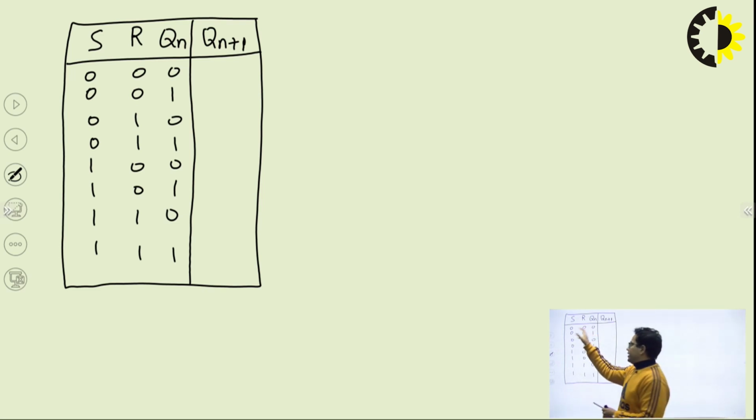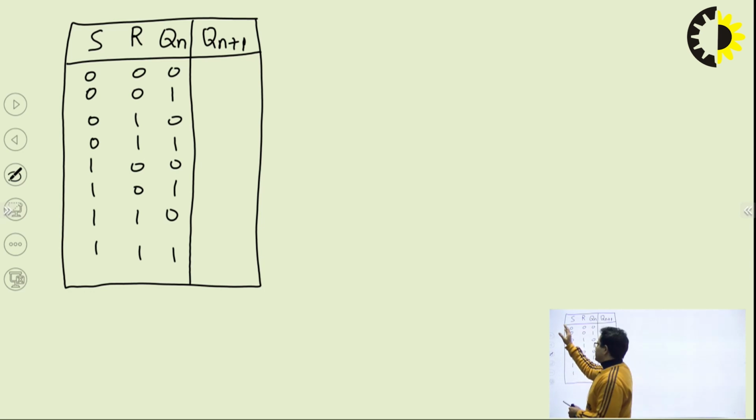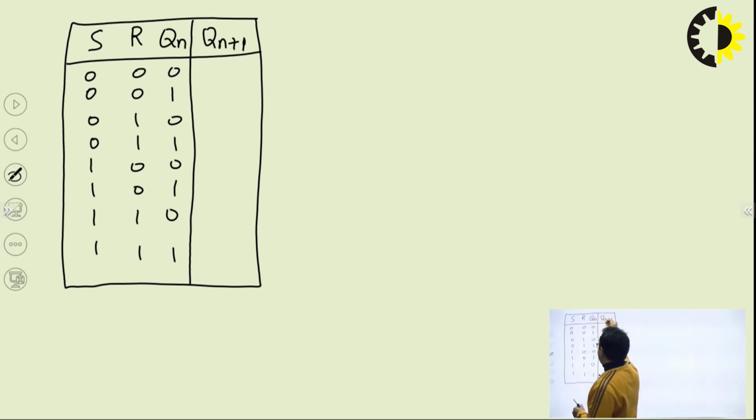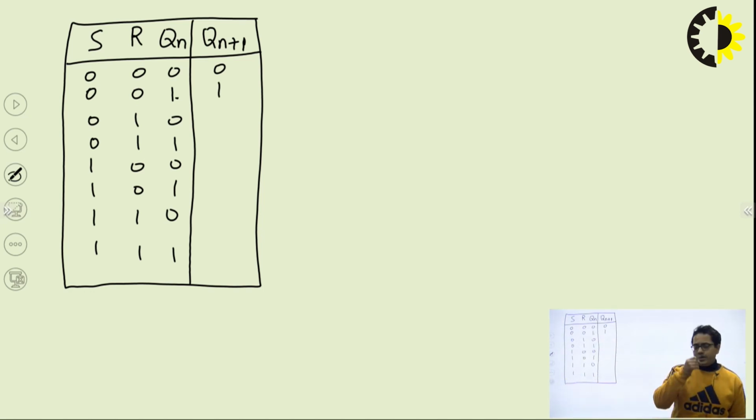For whichever combination you take, if S and R are both 0, you know from the truth table that the output will hold its past value. So what is the past value for this Qn plus 1? It is 0, and similarly for this combination it is 1. So Qn plus 1 will be 0, and for 0 0 1 it will be 1.